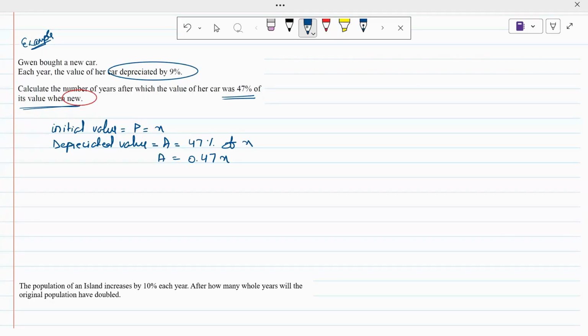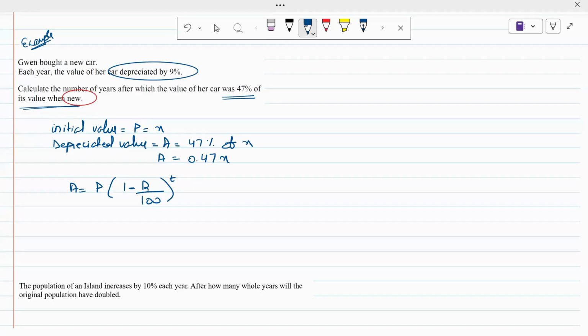So we've got P and A in terms of x. Now we'll make use of the formula. A is equal to P into 1 plus R upon 100 whole power T. Oh yes, it's a case of decrement, so it has to be 1 minus R.